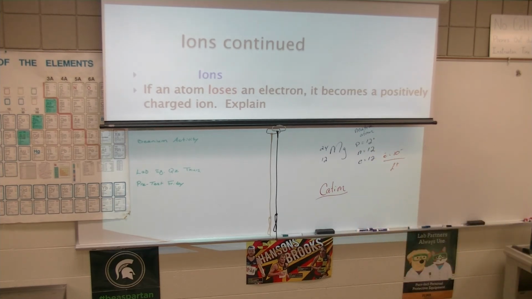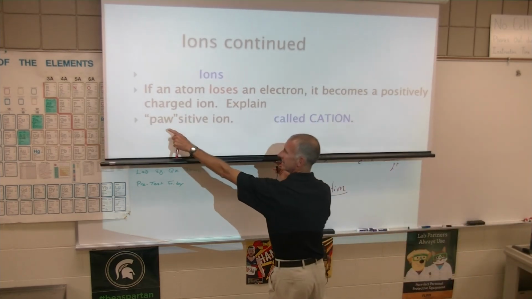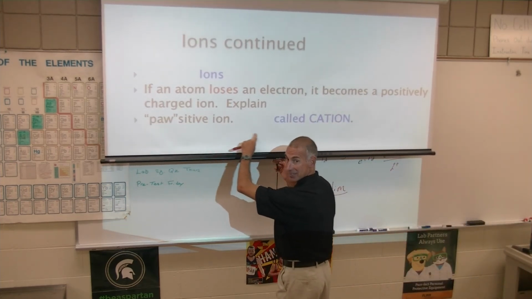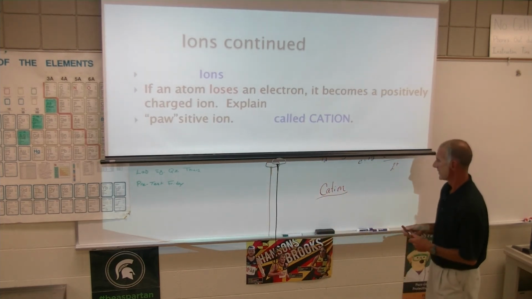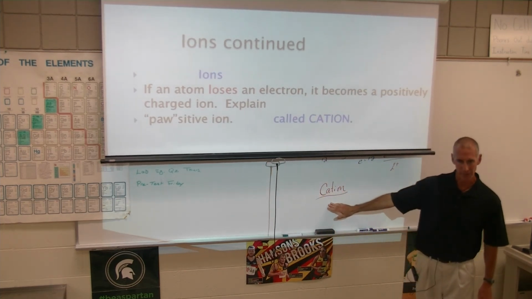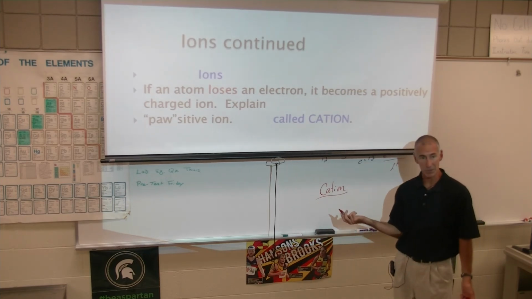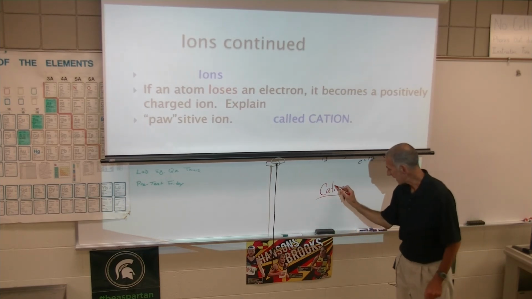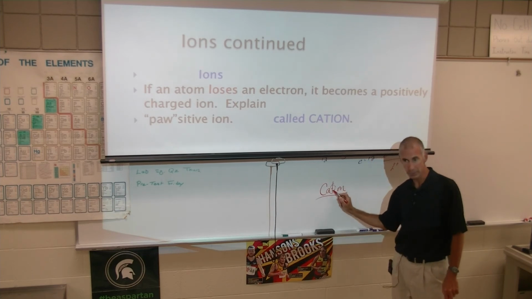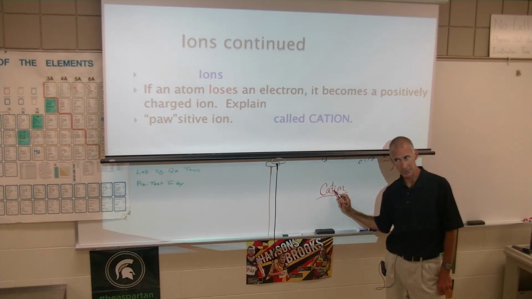Does that help you? So if we have a positive ion, we call it a cation. So that helps you remember that. Positive, right? Some people, math-wise, will say, hey, the cation has a T and it looks like a plus sign. And that could help you too.